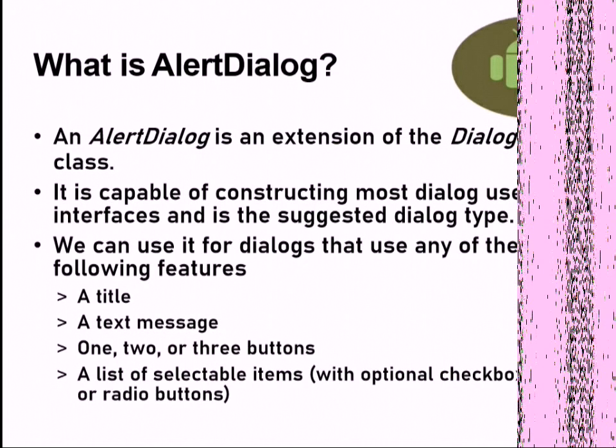So let's look into alert dialogue. Alert dialogue is an extension of the dialogue class. It is capable of constructing most dialogue user interfaces and is the suggested dialogue type. I am sure that all of you have encountered this alert dialogue prompt in your daily application usage.